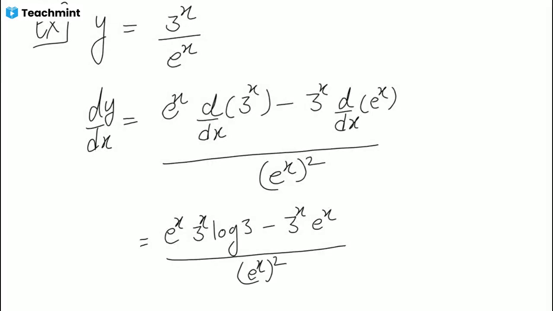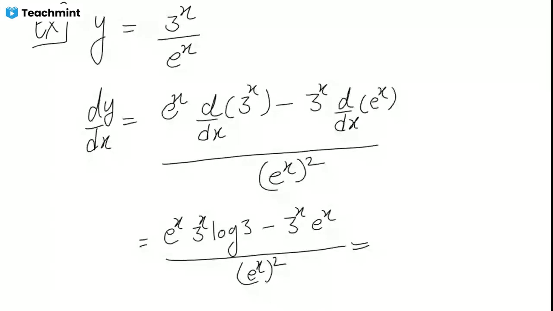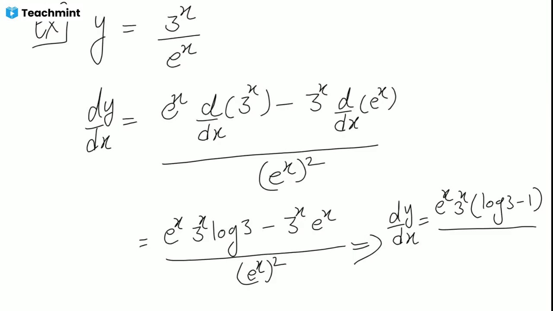And we have e to the power x common, and also 3 to the power x common. So we can write dy over dx is equal to e to the power x into 3 to the power x, inside we have (log 3 minus 1), over (e to the power x) whole square.